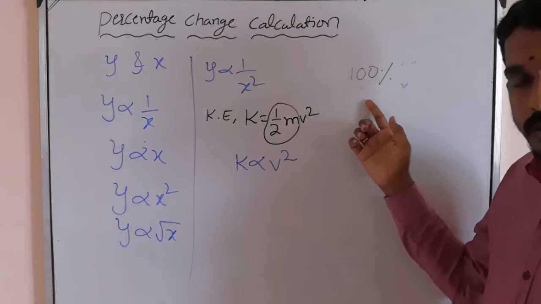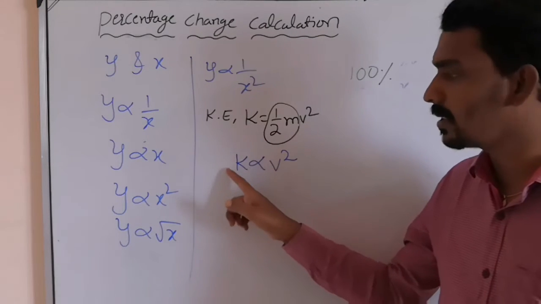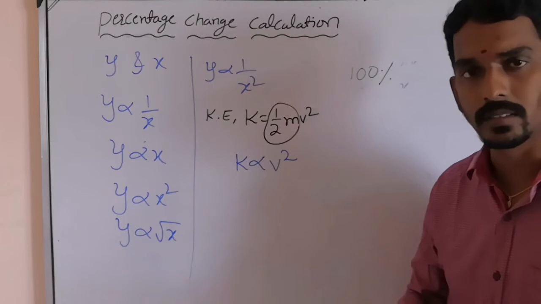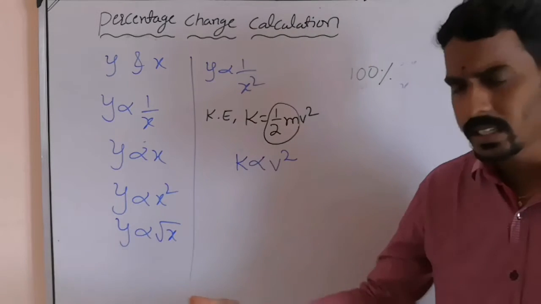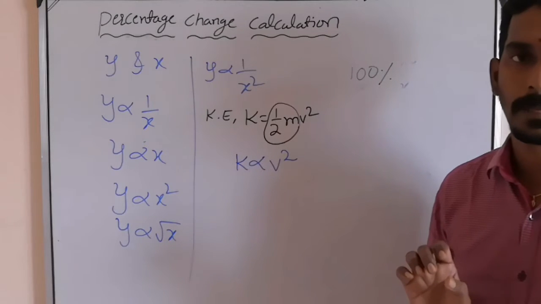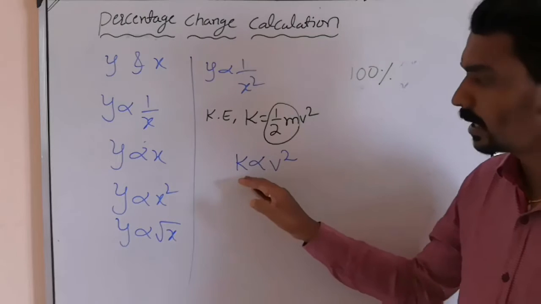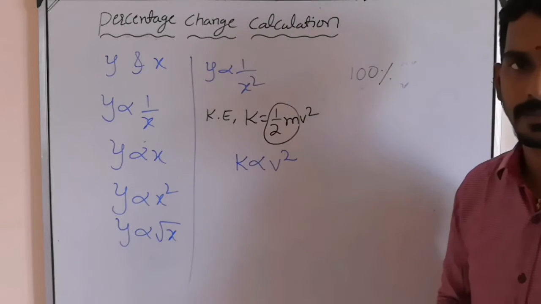So they will ask you to calculate what is the percentage change in kinetic energy, because when velocity changes, kinetic energy also changes. So that's why you can apply percentage changes here.